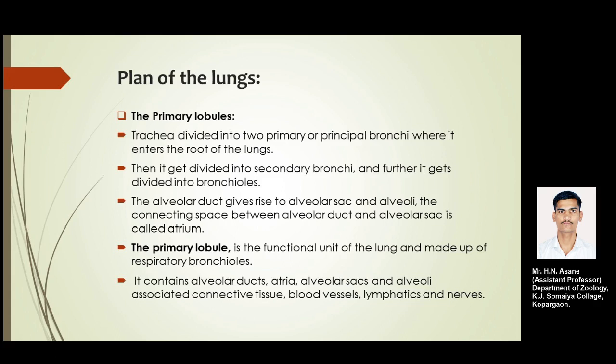As you can see, the several terminal bronchioles form respiratory bronchioles, and each respiratory bronchiole divides into a number of alveolar ducts further. So the respiratory bronchioles and alveolar sacs are in the primary lobule.